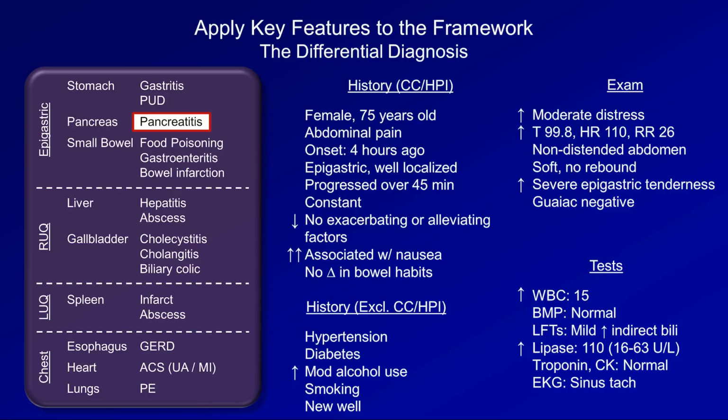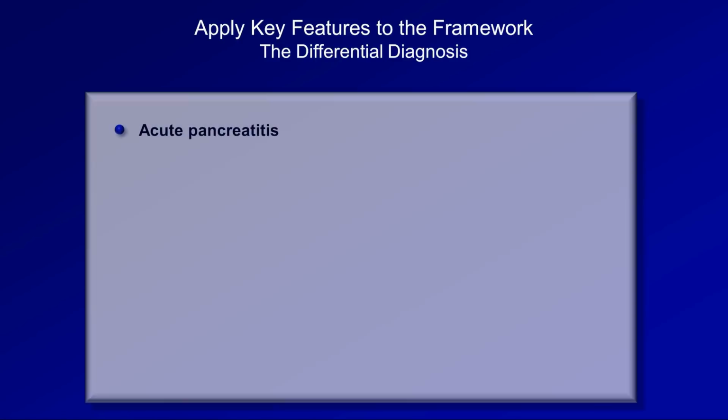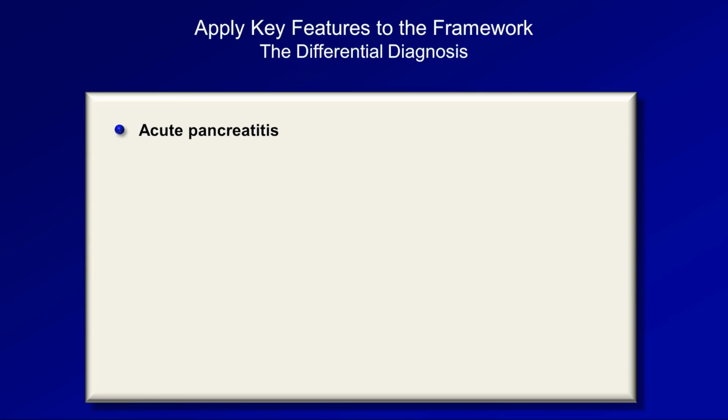The only key feature arguing against it is the fact that the pain is not made better or worse with changes in position, which, as I suggested earlier, is not likely to be a highly sensitive or specific finding. In addition, pancreatitis is a relatively common diagnosis among patients presenting to the ER with abdominal pain. Overall, this is a relatively classic presentation of a common disease, and therefore our leading diagnosis, also known as the provisional diagnosis.